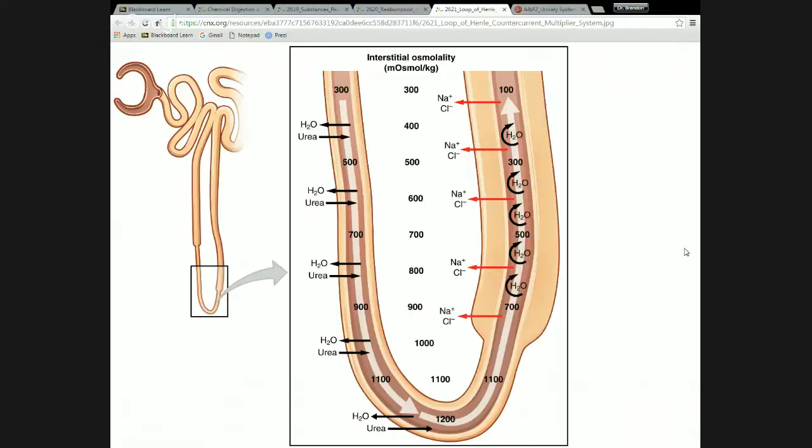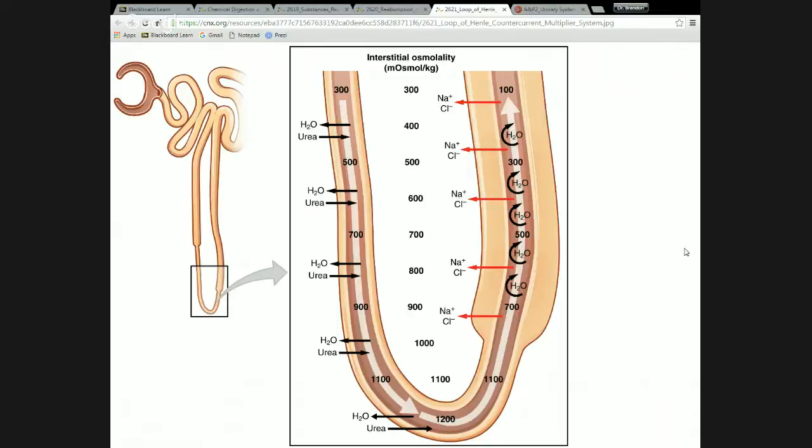We measure concentration of bodily fluids in this unit here, which we don't use a whole lot in this course, but it's milliosmoles per kilogram. And the general value for all of your bodily fluids is 300. So here where it says 300, that's essentially how concentrated bodily fluids are throughout your body.